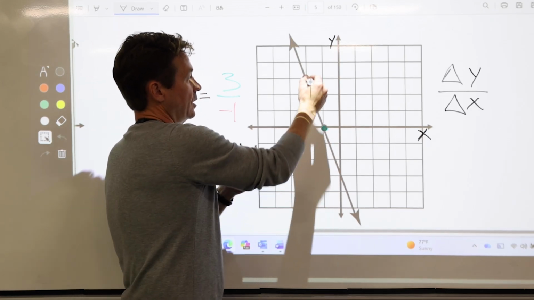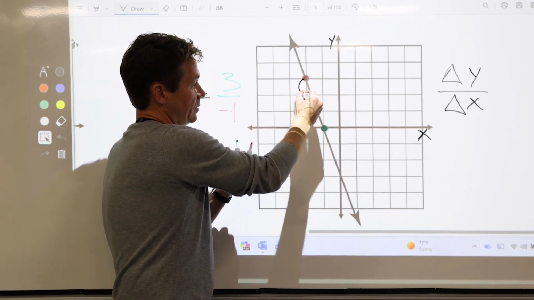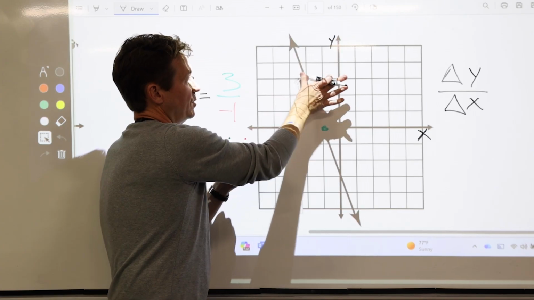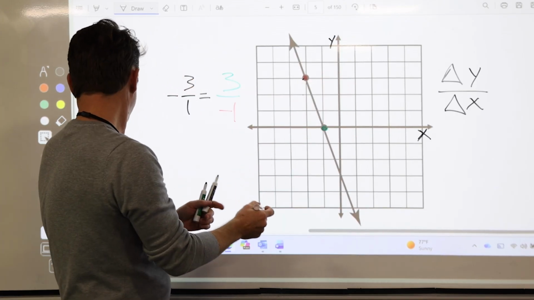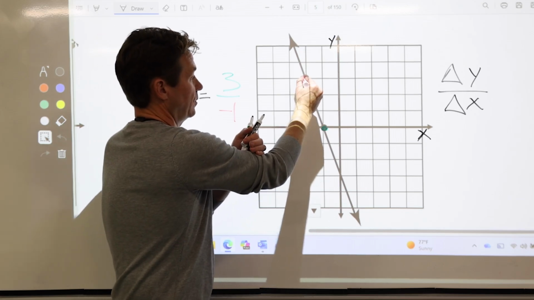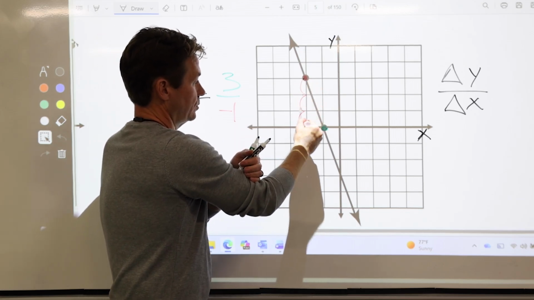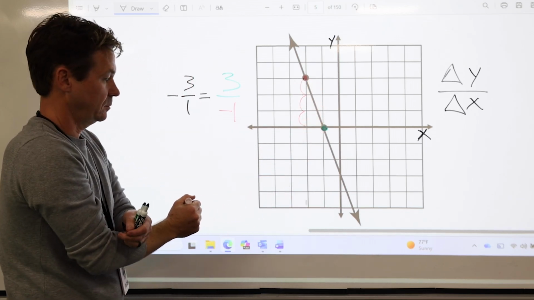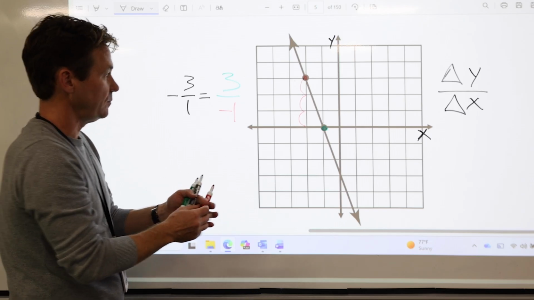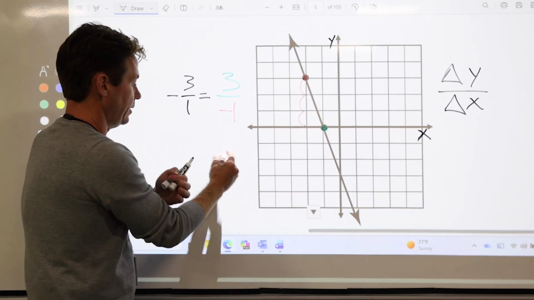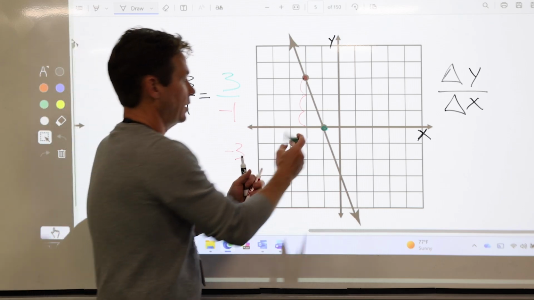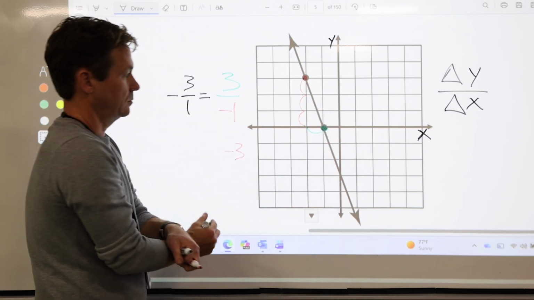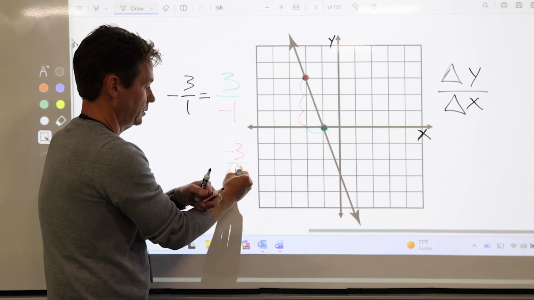Okay, let's go. I want to do it with my red marker. Go 1, 2, 3. So down 3, I'm going to do -3. And then I'm going to go over +1.